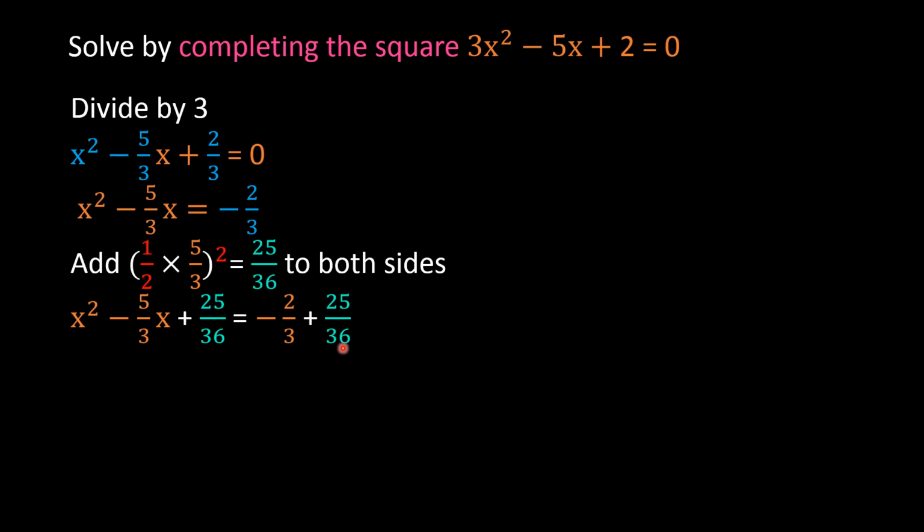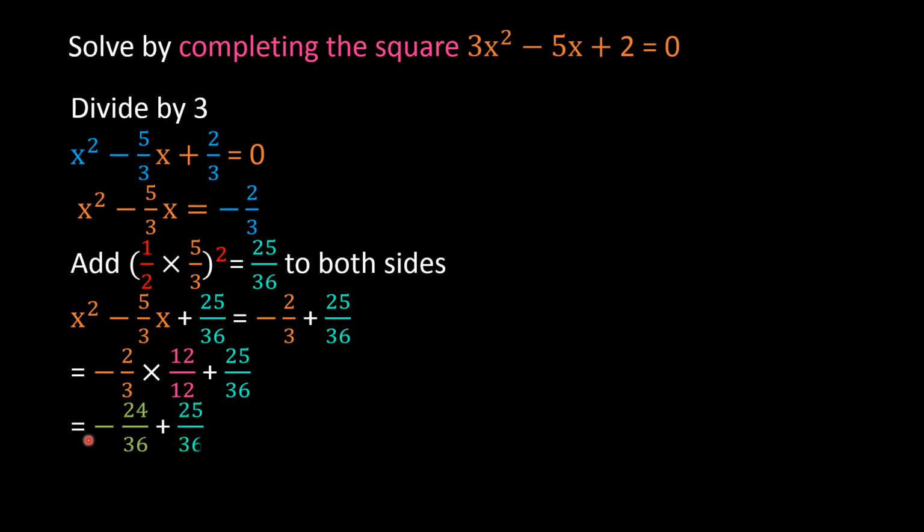Now we have to add this. For that we have to make this 3 equal to 36. It means we have to make the denominator same. So in the next step we will multiply minus 2 divided by 3 by 12 divided by 12, so that 3 multiplied by 12 becomes 36.